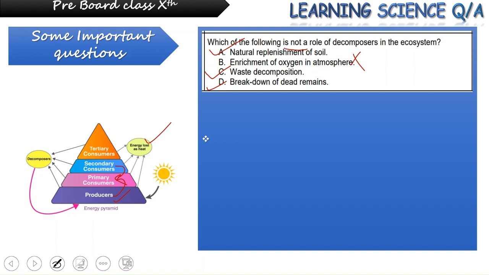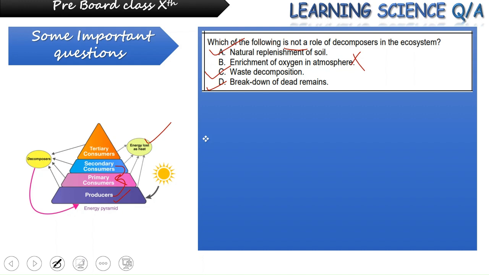Also, the energy transfer from producer to consumer is unidirectional, whereas each of these trophic levels is connected with the decomposers, because whenever there is a death or decay of an individual in any of the trophic levels, they are acted upon by the decomposer there itself.